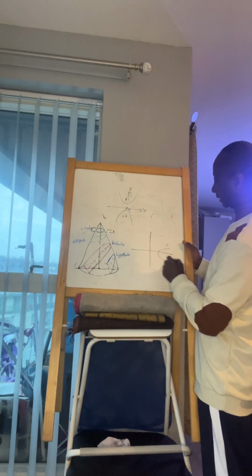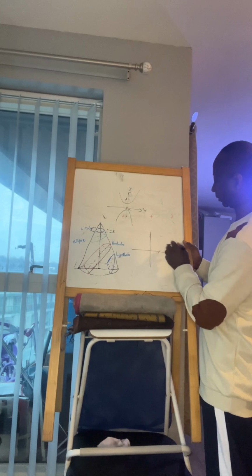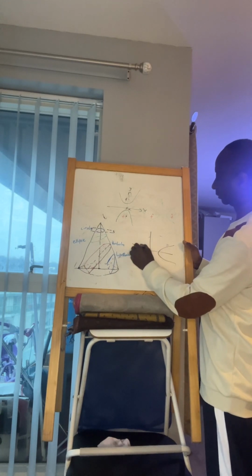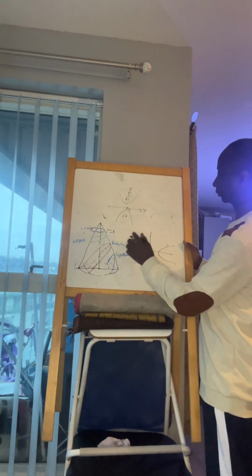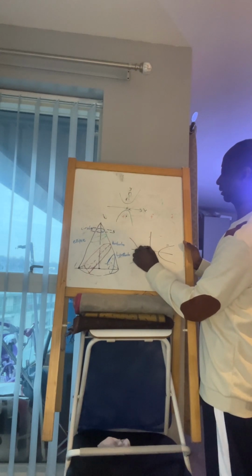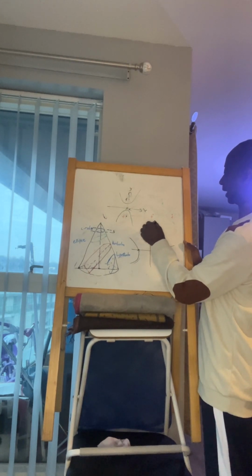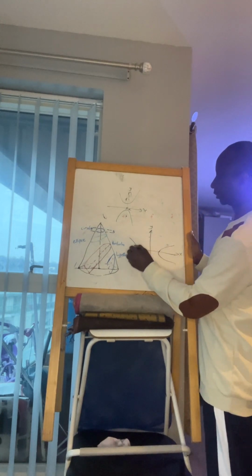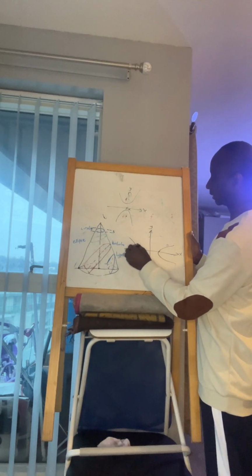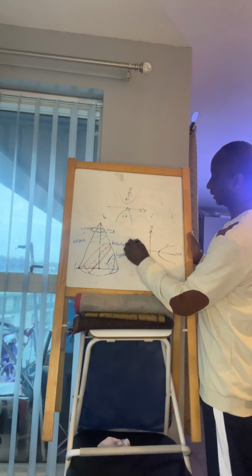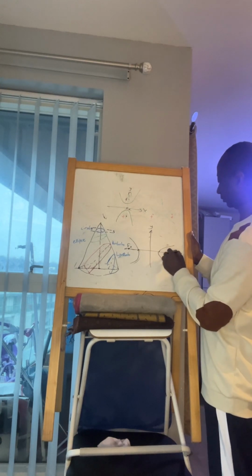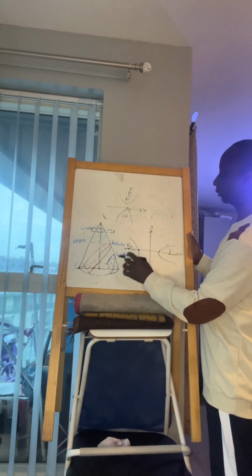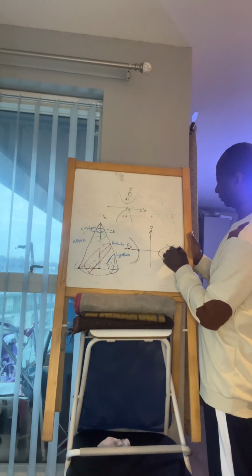Have your x here. Sorry for the poor drawing. This is your y-axis. This is always your x-axis. So the focus is always where the hyperbola opens. If you say this is f2, this is f1, where the hyperbola opens, this is f1.